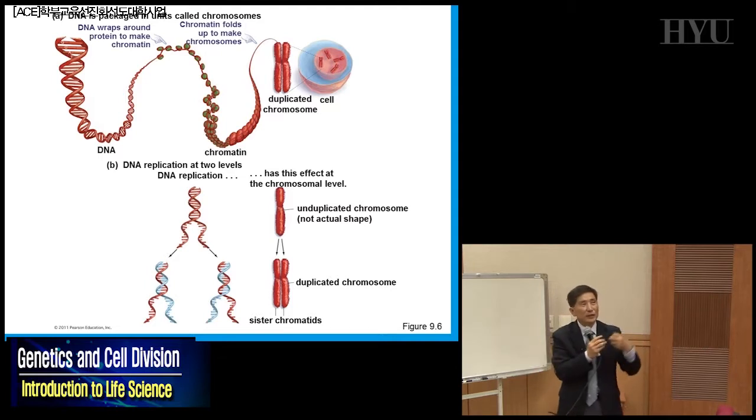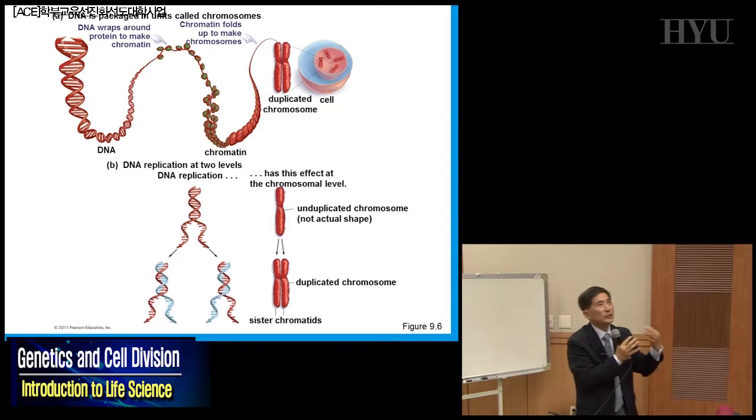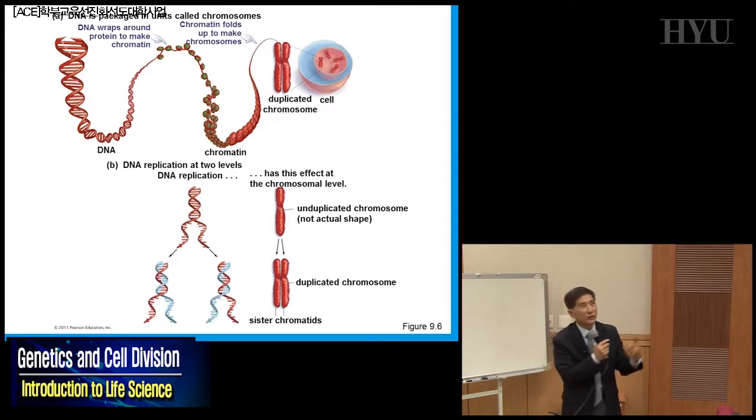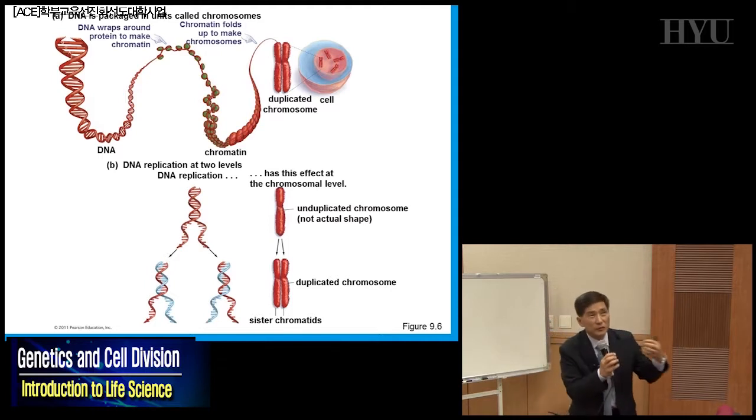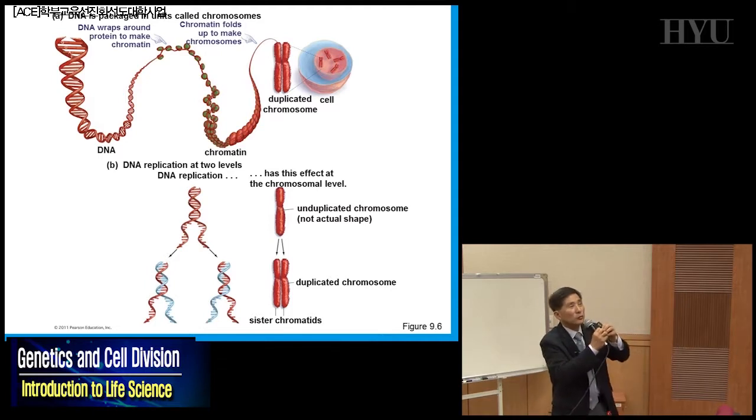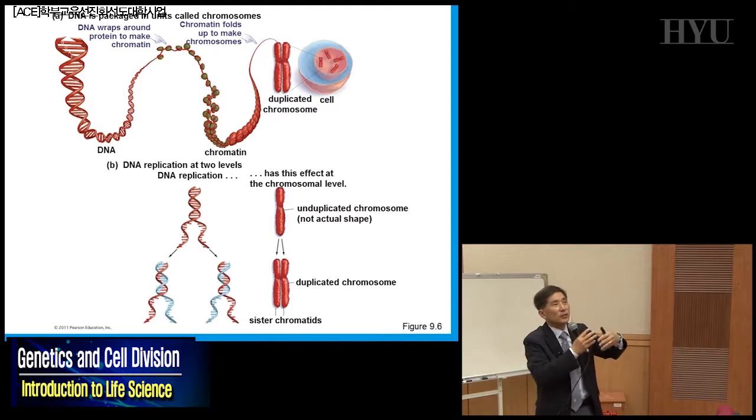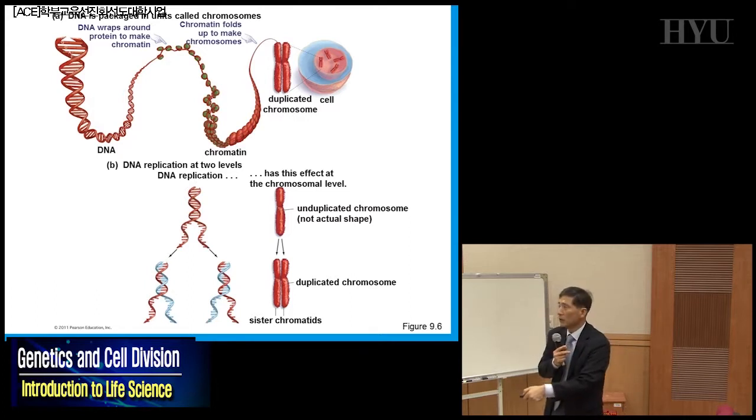So in normal cells, you don't see this chromosome structure unless the cell decided to go into cell division. They decided to become two, then they start to pack. But when they pack, it has already been duplicated, already been replicated.